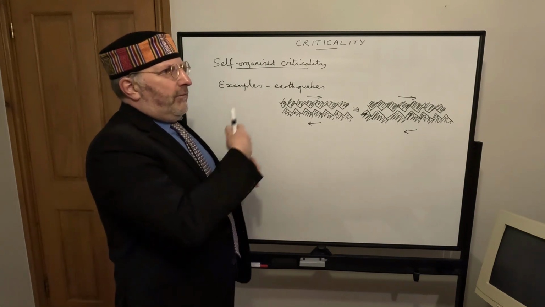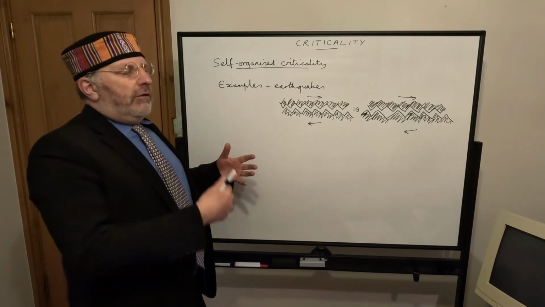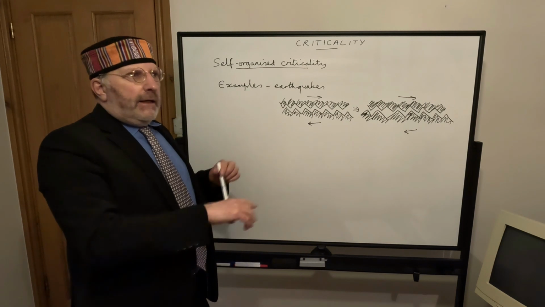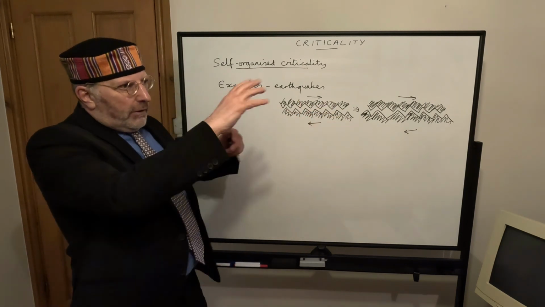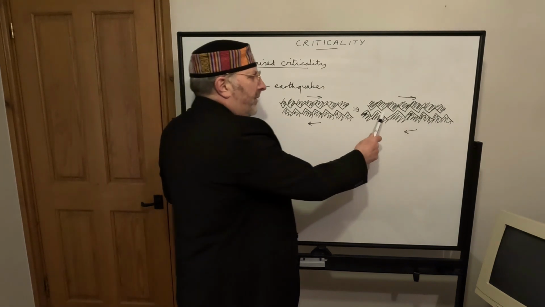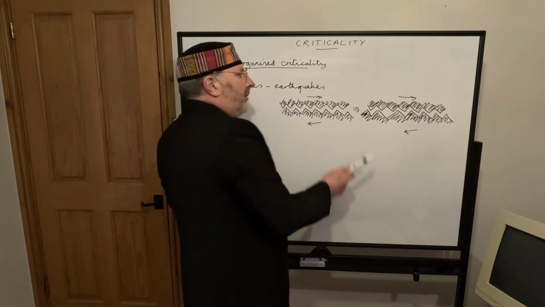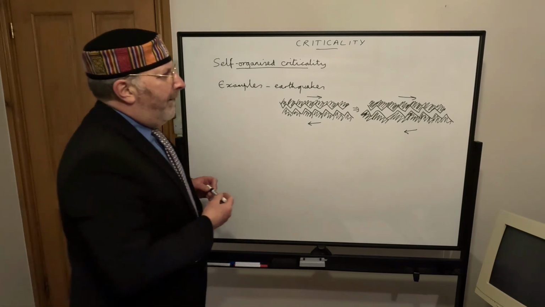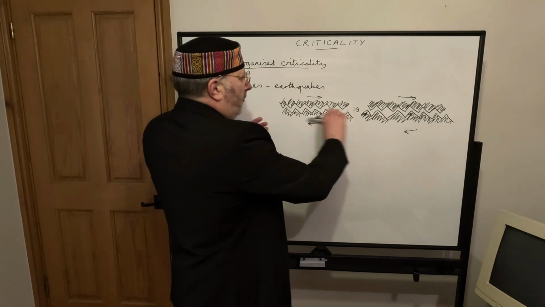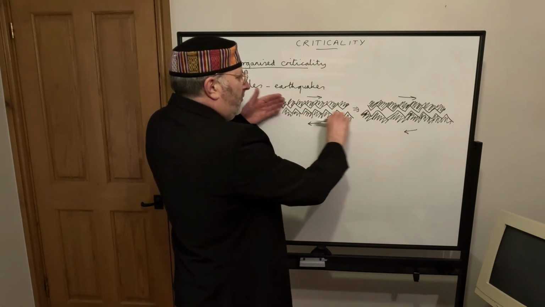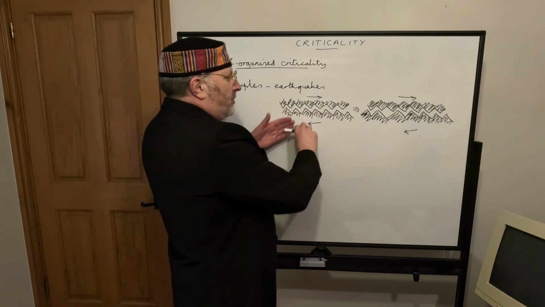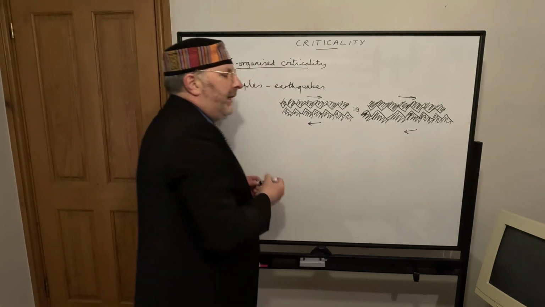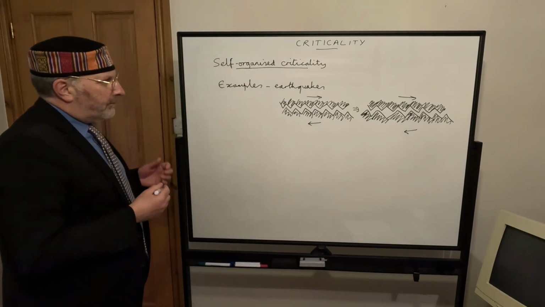But if we kept playing that, we could eventually find the whole grid gets itself into the situation where one grain will topple, a chain reaction that goes on for a long time. So this earthquake example is exactly the same kind of principle as the sand pile example: there's this constant inputting force, the sliding of the tectonic plates, and there's a friction, and that causes there to be a power law in the slippages that occur.